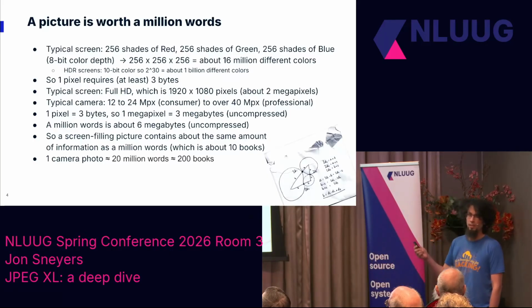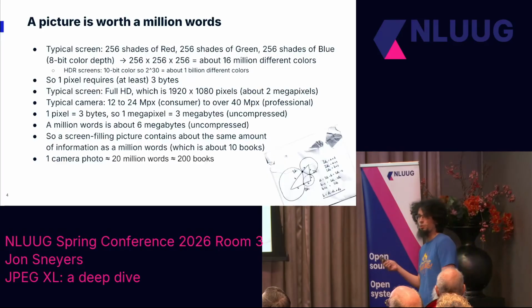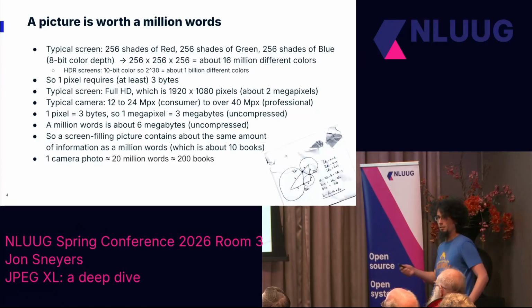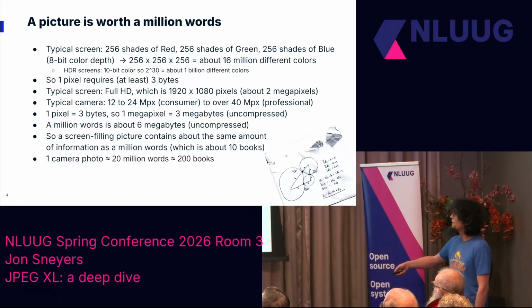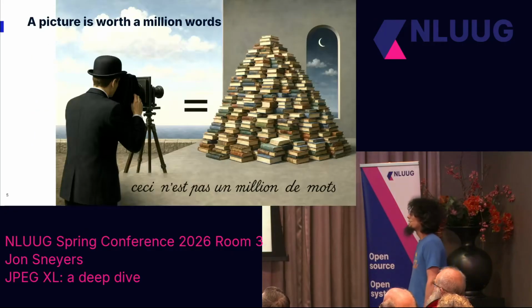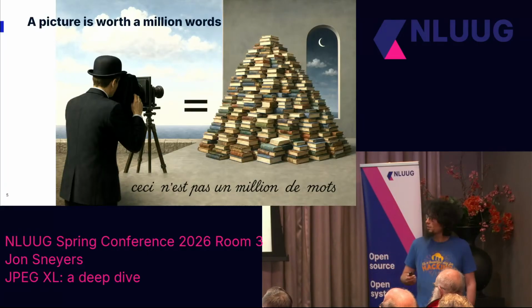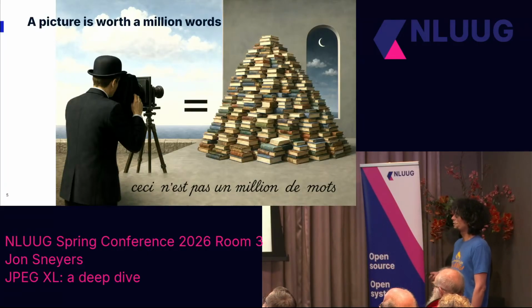People often say a picture is worth 1,000 words, but actually it's more like 1 million or even 20 million words if you just compare the digital footprint of the uncompressed data. A camera picture is about 200 books worth of data. This is still quite a lot of data, considering the amount of pictures that we have.